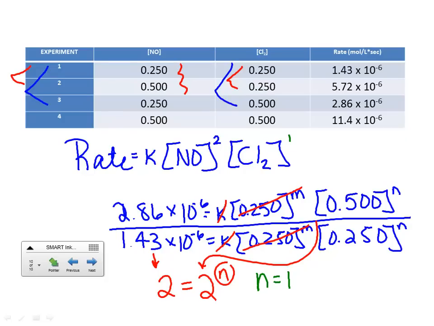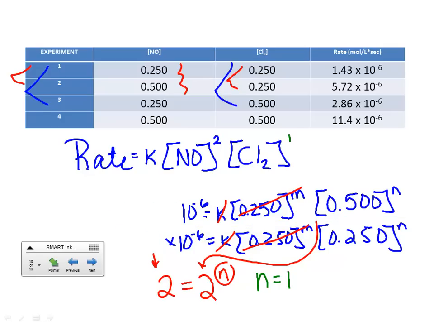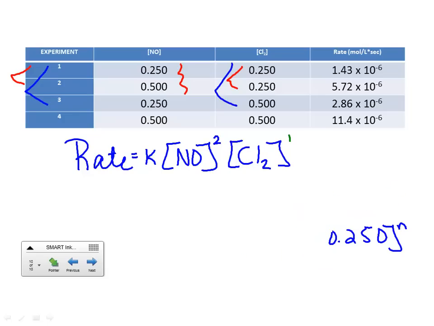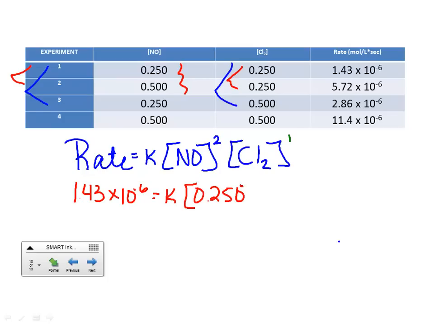So to finish up this, it is possible to still calculate our k value. Now that we know our 2 orders, you can pick any of the 4 trials. Let's actually just go with the first one. And you can put in the data that you have. So if we put in our rate of 1.43 times 10 to the minus 6, we put in k, we put in our concentration, and we raise it to our order, and we put in our other concentration, and we raise it to our order of 1.